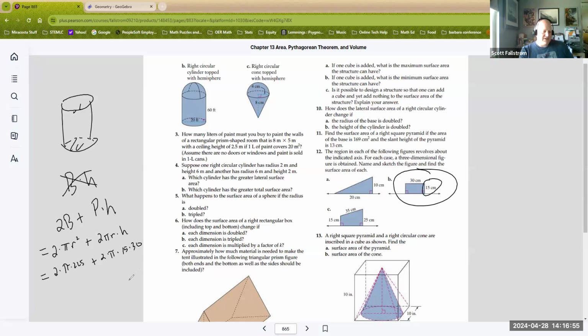Okay. So we can put all those pieces together. 2 times 225 is 450 pi. And 15 times 30 is 450, times 2 gives me 900. So 900 pi. And then just add those together. That gives you 1,350 pi centimeters squared.